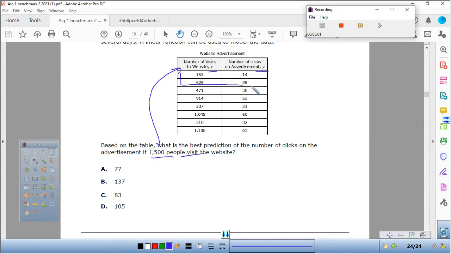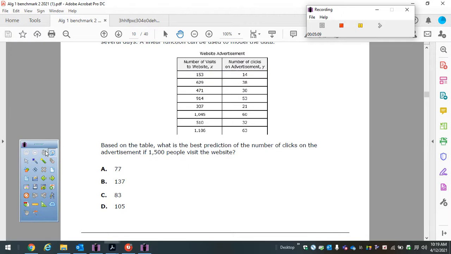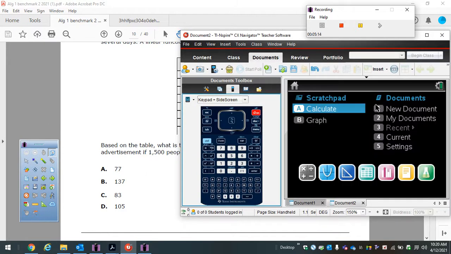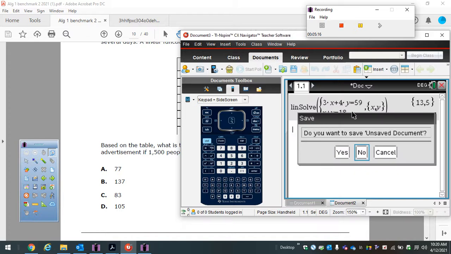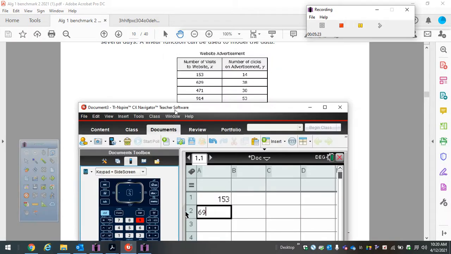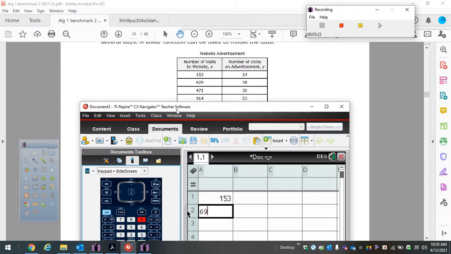I'm going to put these things in here real quick. You see lists and spreadsheets, guys. Menu 413. Okay, 153 and 629. I'll turn this on. New document. Did I do it right? 153, 629.